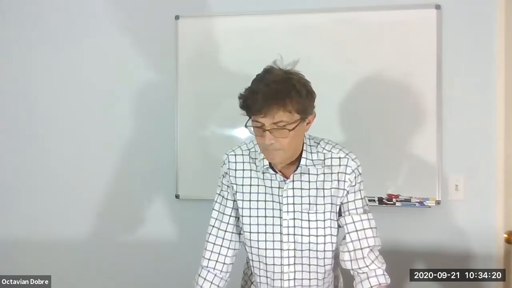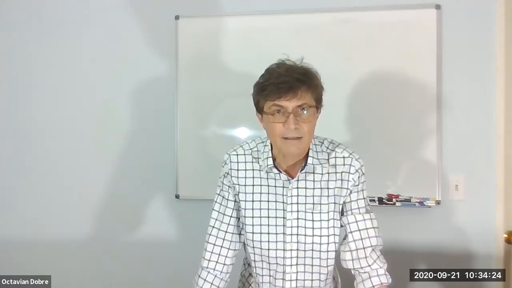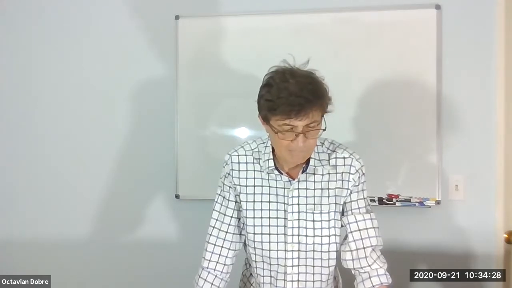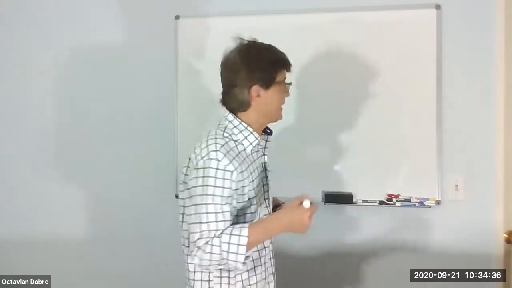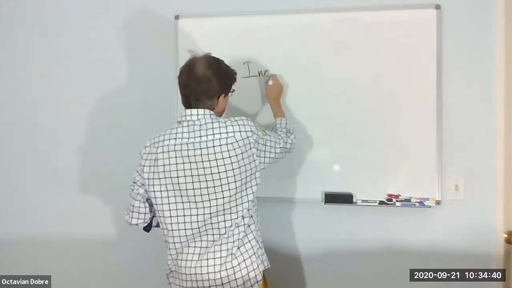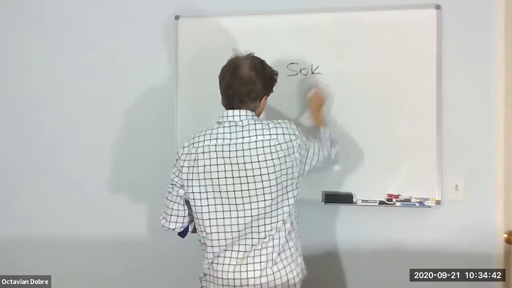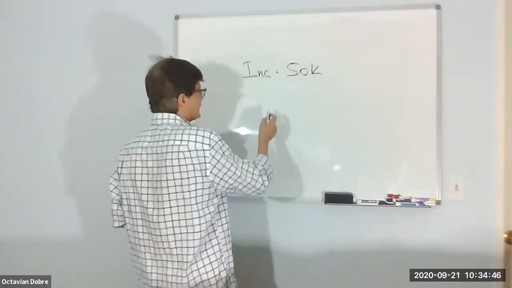Okay, so any questions about chapter 6, about taxes, how to calculate and stuff like that? Okay, let me ask you this. Let's suppose that your income is $50,000. And the tax bracket looks like this.